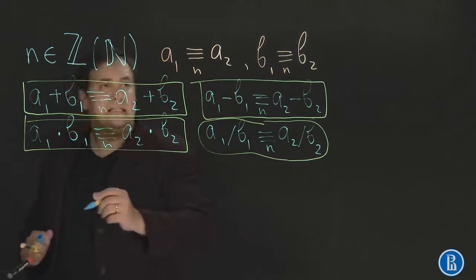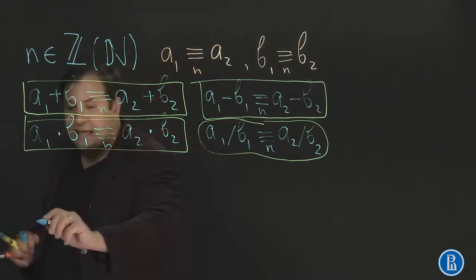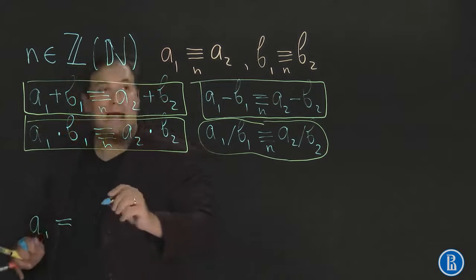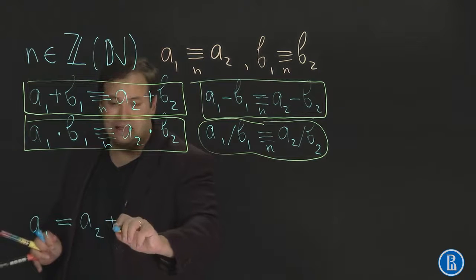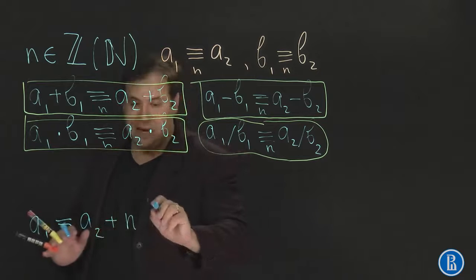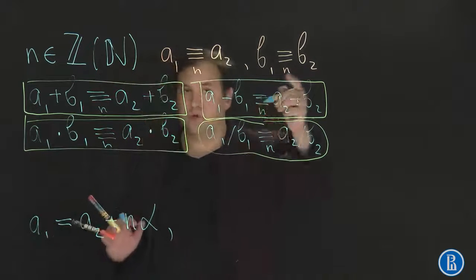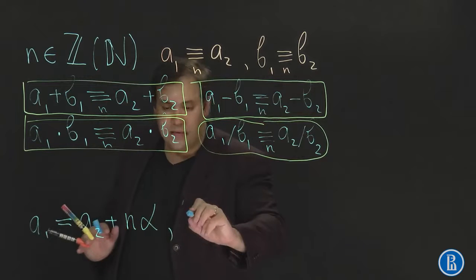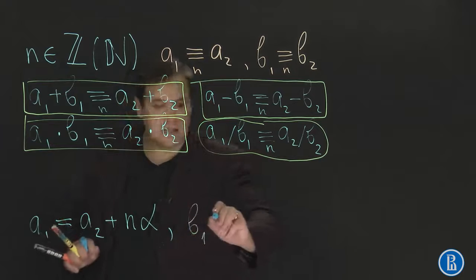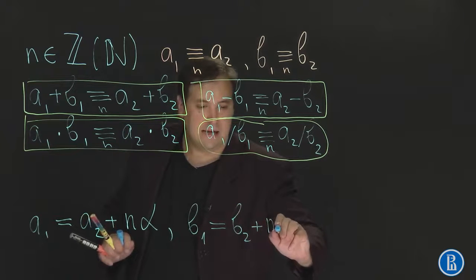Well, since a1 is congruent to a2 modulo n, we can say that a1 is equal as an integer to a2 plus n multiplied by some integer alpha. And since b1 is congruent to b2 modulo n, we can say that b1 is equal to b2 plus n beta.